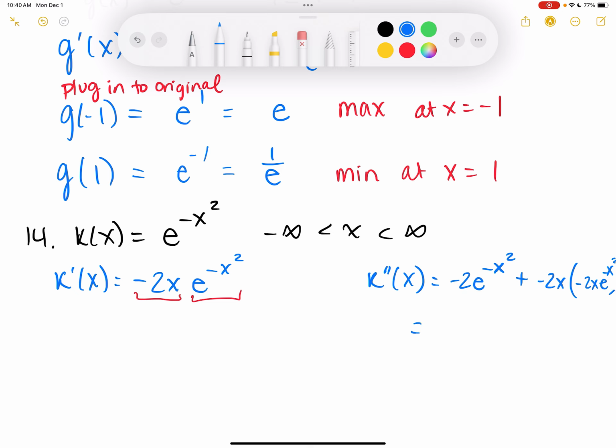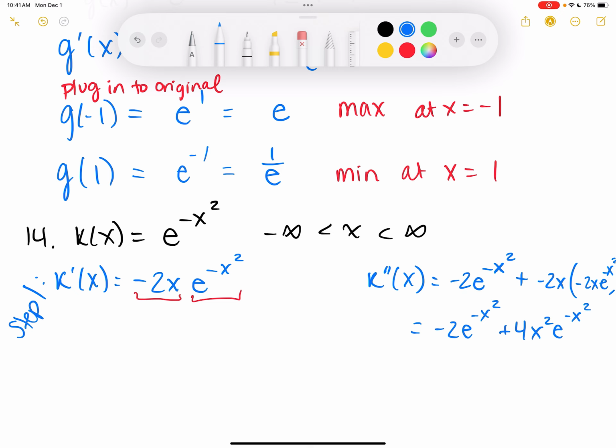So then that's going to give me negative 2 e to the negative x squared plus 4x squared e to the negative x squared would be what that ends up becoming once you multiply it all through. So this would have been my step 1 from the other day.